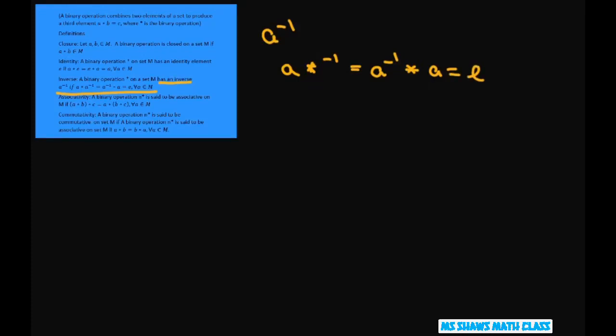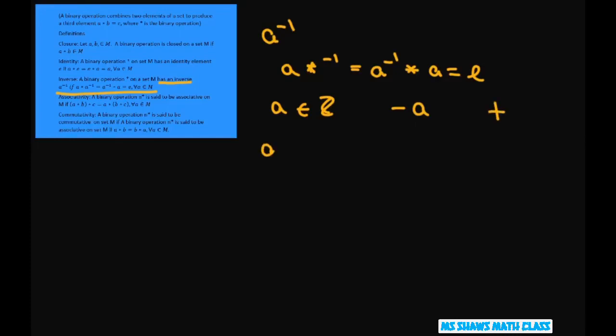So, for example, every element in set Z, so for all A that is an integer, negative A is the inverse under the binary operation of addition.